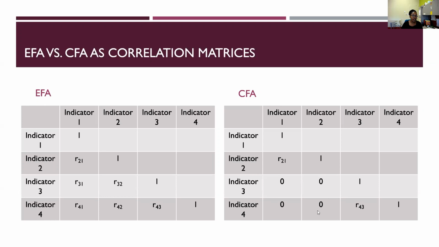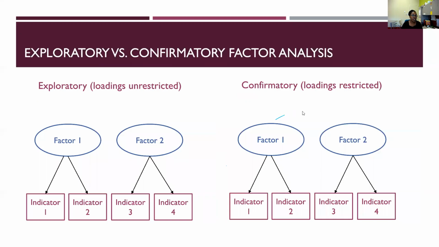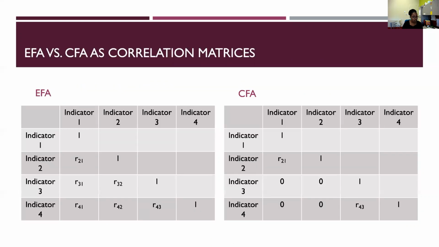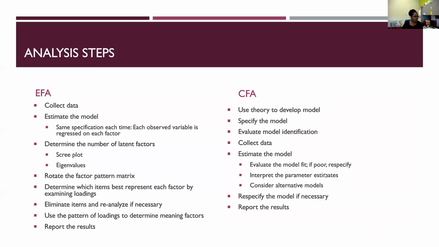And these would be 0, because we think the only relationship between, say, indicator 1 and indicator 3 is the correlation between those two factors. So this correlation right here would be everything that we allow to explain the variation between 1 and 3. There's nothing directly connecting them. Then we test if this is actually true with our model fit indices.